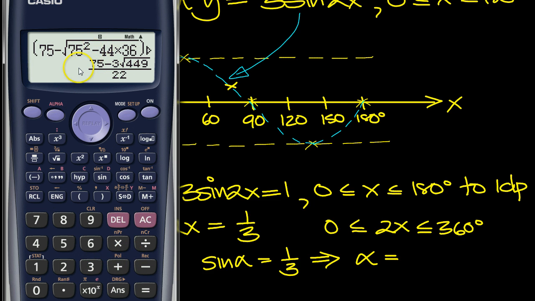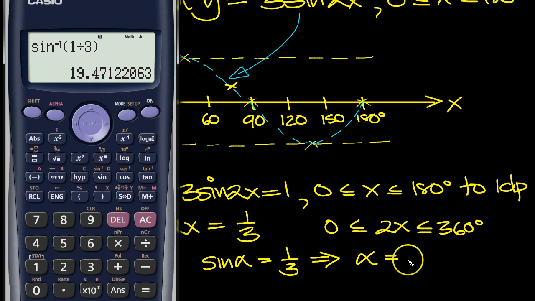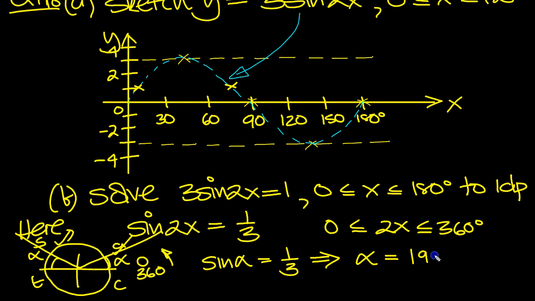So we're in degrees mode. Shift sine then of 1/3. That gives 19.47. We're doing it to 1 dp, so let's just keep it accurate: 19.471. So that's what alpha is here and here.